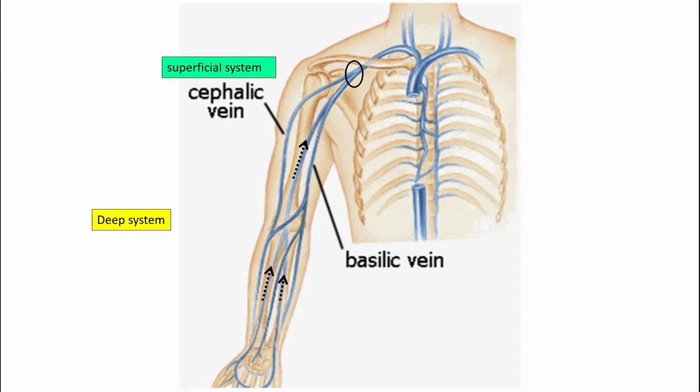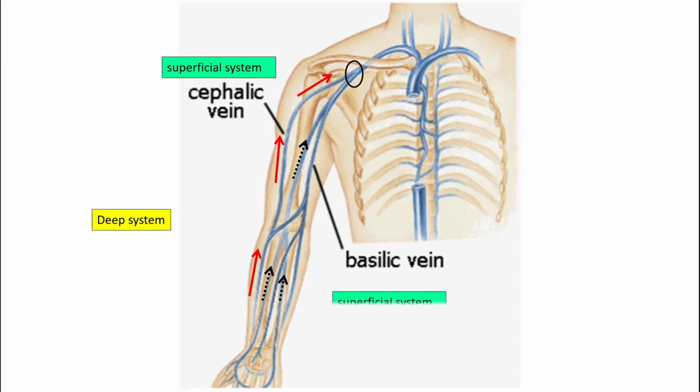Then we have a superficial system. This superficial system is made, on the lateral side, of a vein called the cephalic vein. This goes up into the arm, and the cephalic vein is going to end up in the axillary vein.